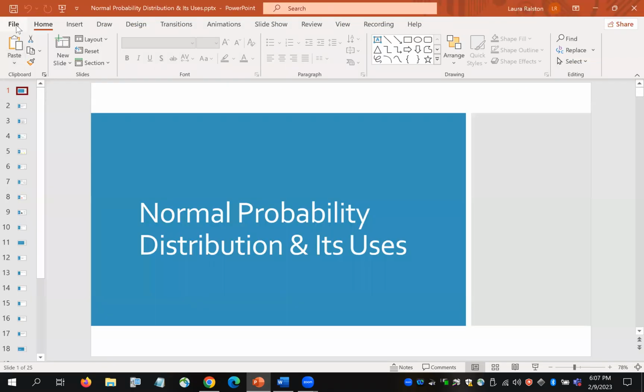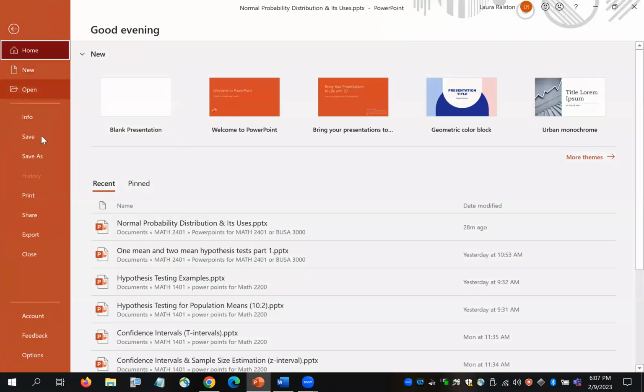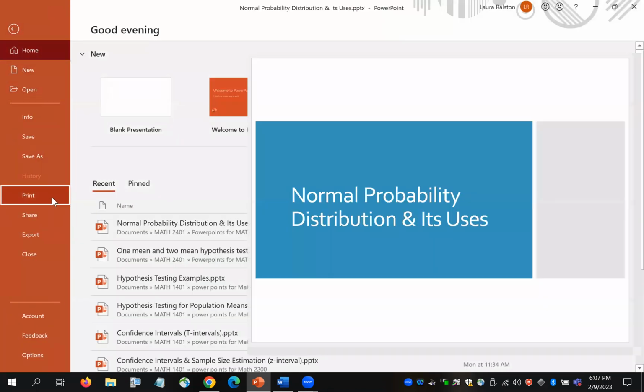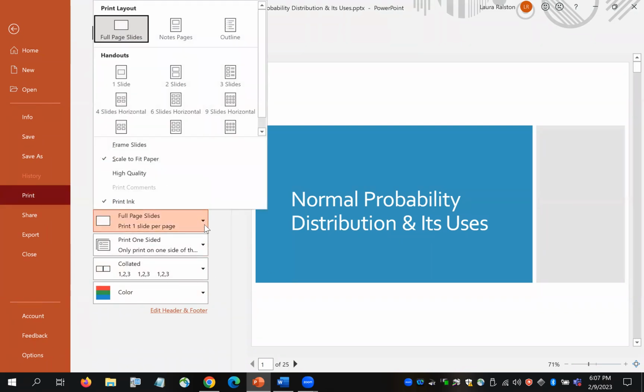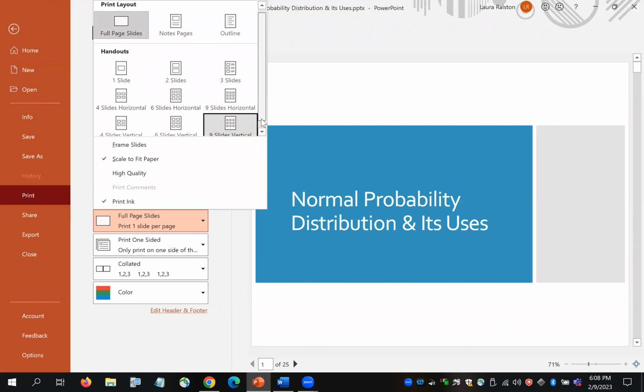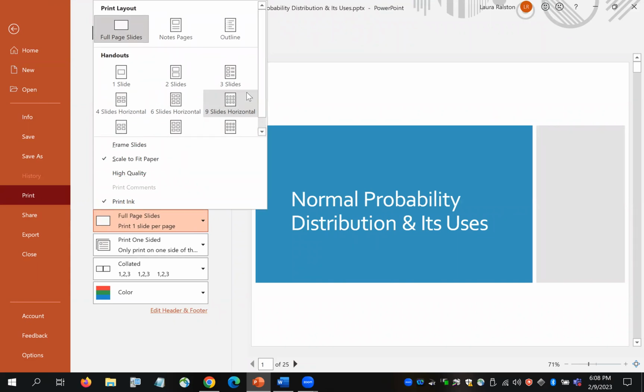If you're familiar with PowerPoint, you can print the slides, if you like, individually on a page. I can print 2 slides per page, 3 slides per page, as many slides as, again, they get smaller, it may get hard to read, but you can also do an outline. And with an outline, I'm going to click on that for just a minute.